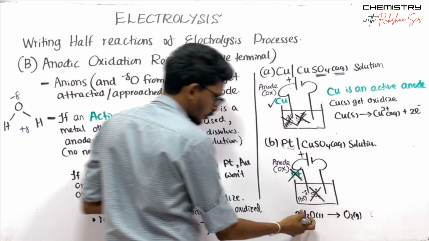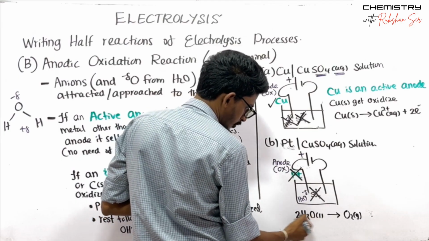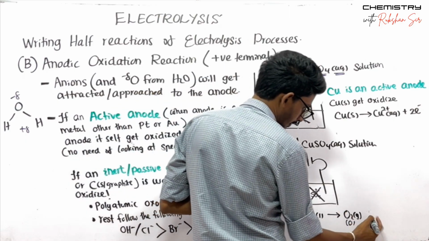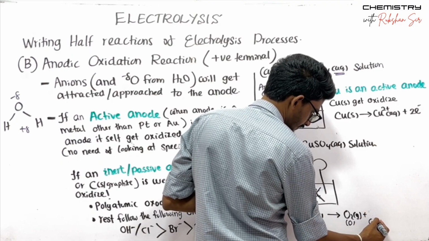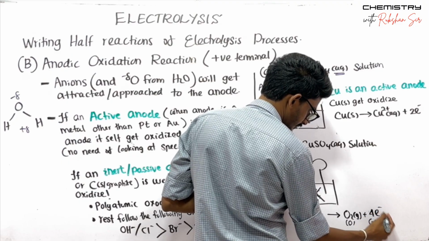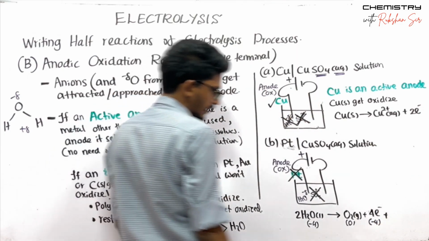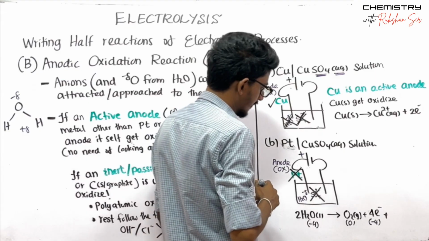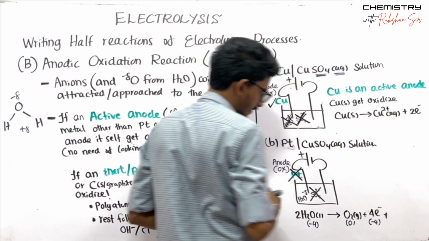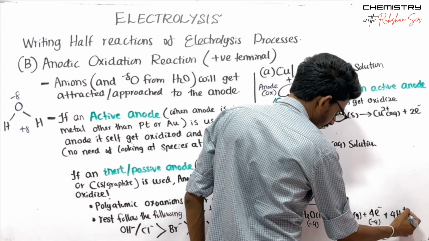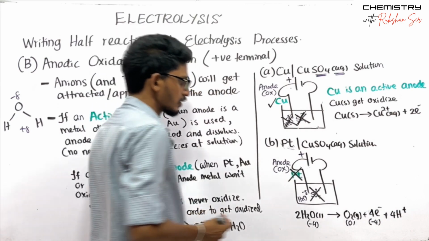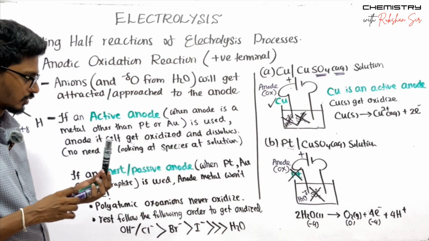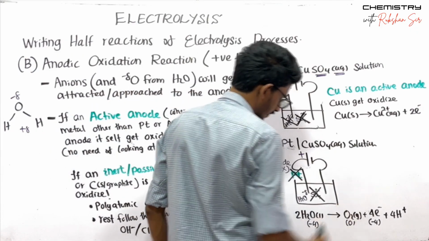Oxygen oxidation state balancing: minus 2 into 2 is minus 4, and this is 0, so you need 4 electrons here. Then charge balancing: if the water is used at the anode in a neutral solution, it is going to be acidic medium balancing, so 4 H plus. So 4 hydrogens are there, and things are balanced. Write that thing as well.